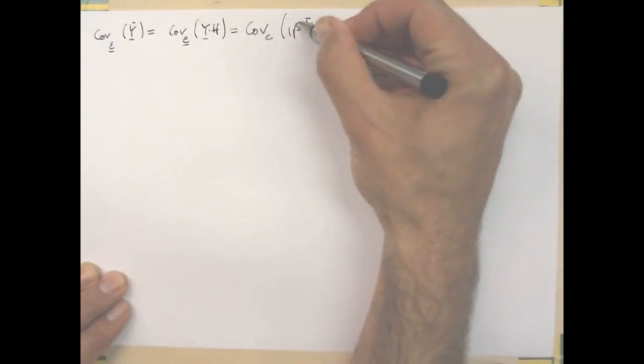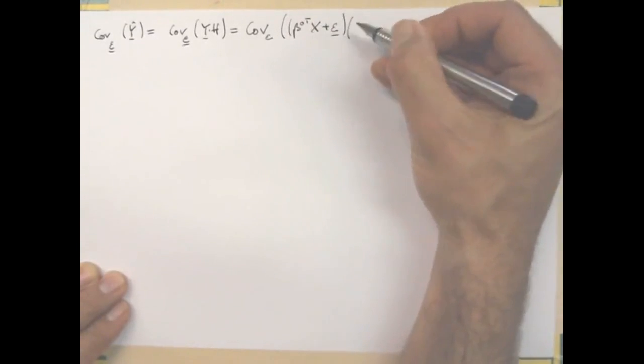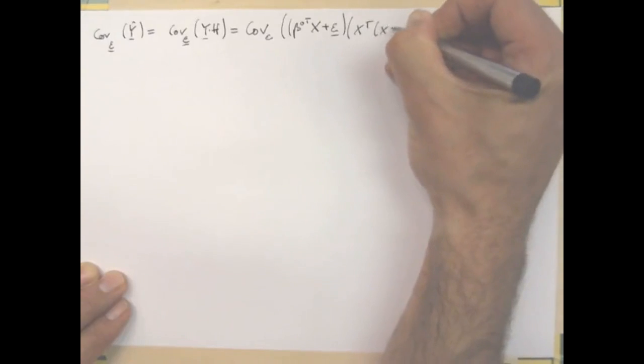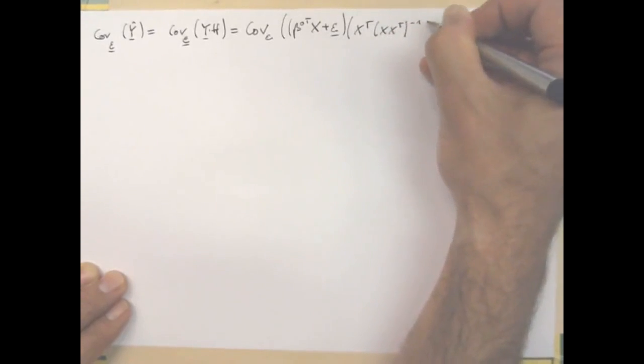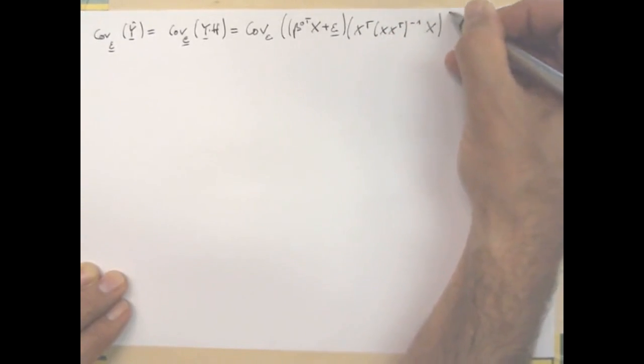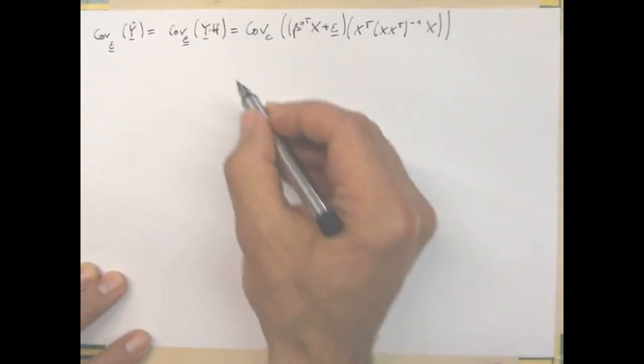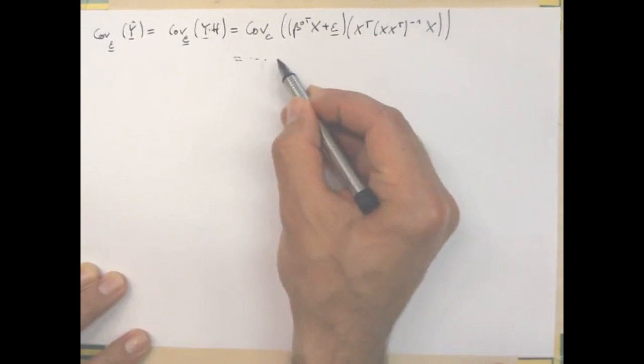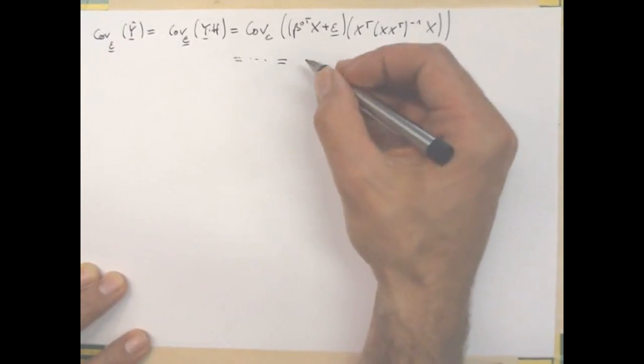So this is y, and I'm multiplying this with the hat matrix. And then using the same kind of consideration as before, you come up with the following.